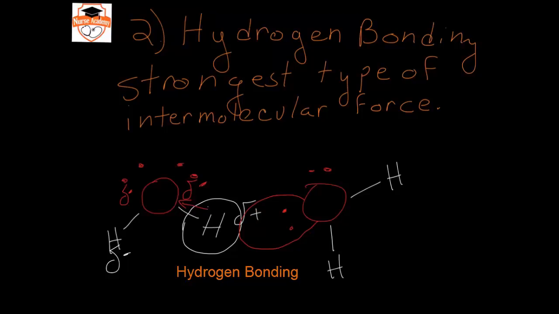And because it has a specific geometry, when water molecules line up in a solid, in a very rigid structure, they actually spread out versus how they are in their liquid state.